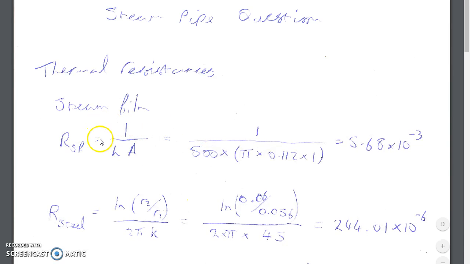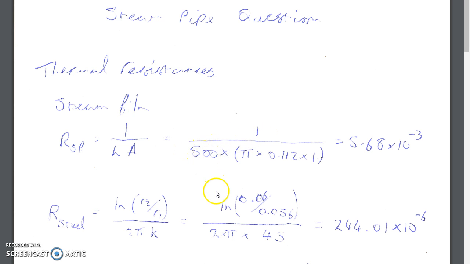So the way we do that is we use the heat transfer coefficient, which we see from the question was 500, and then we work out the area of the inside of the pipe for a unit length. So the formula for working out the thermal resistance for this is 1 over H times A. So 1 over H, which is 500.